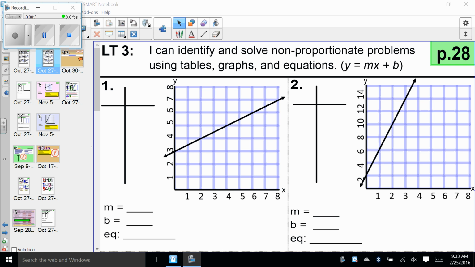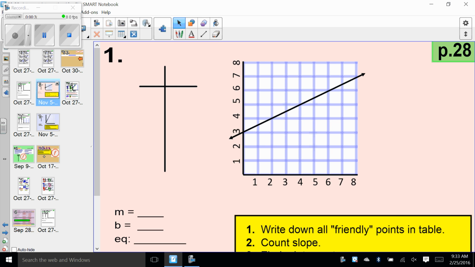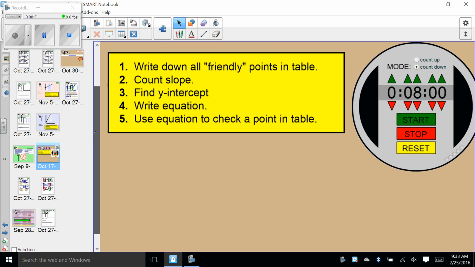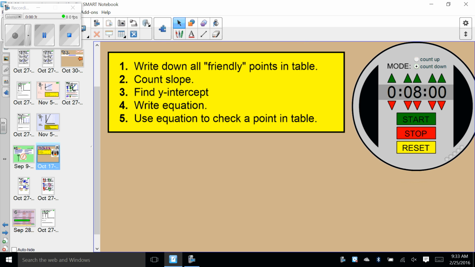To start, I want you to write these 5 notes down. Go ahead and copy these somewhere in the white space, maybe at the top of the paper, steps 1, 2, 3, 4, 5, up above where it says learning target 3. I'll wait for you.